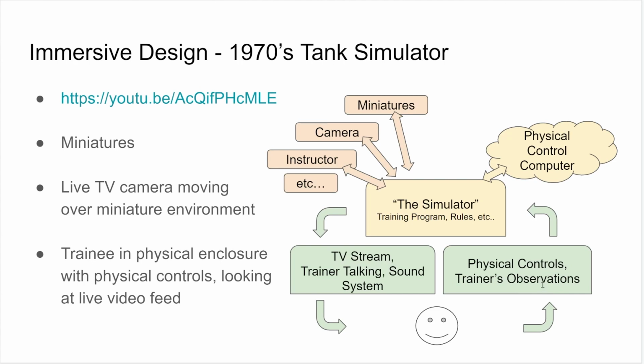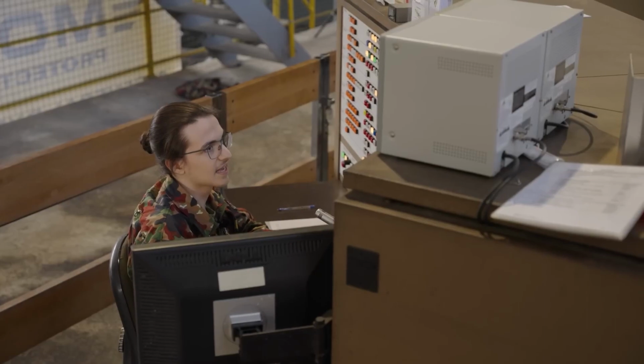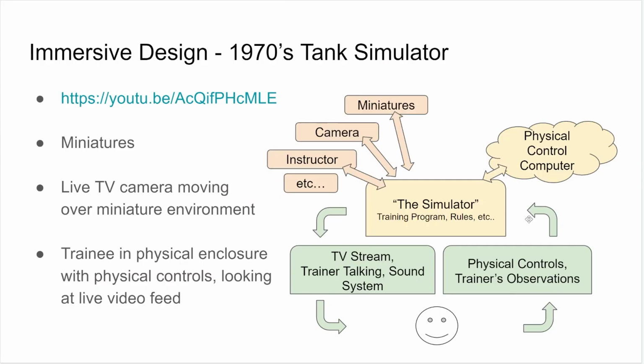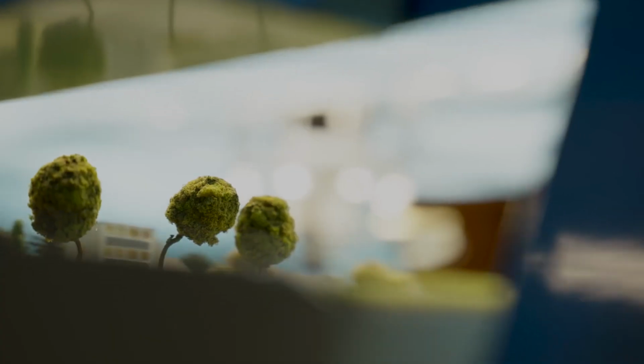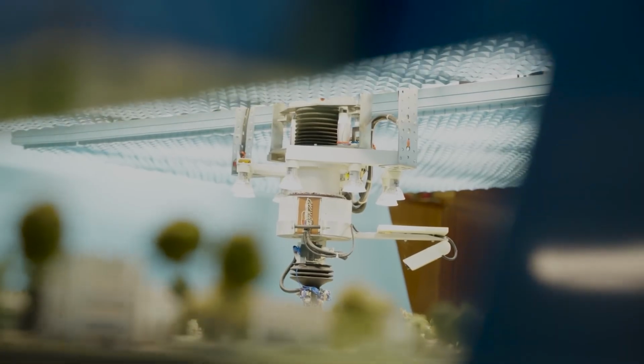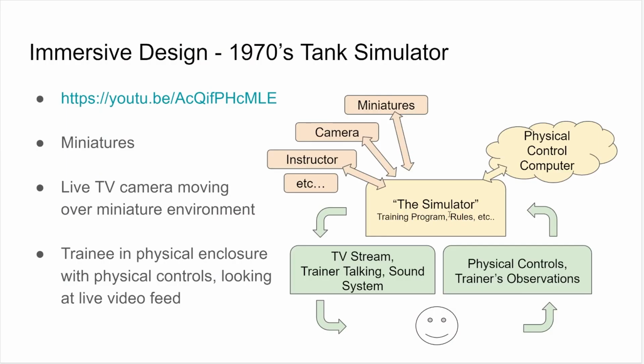I guess you also had the trainer looking at what you're doing as well. Then you would take all that information, what you're actually inputting into the controls and what you're doing, and put that into the simulator. Depending on the state of the simulator, the location of the camera, or the rules of the specific training program, you would get outputs back to the user.